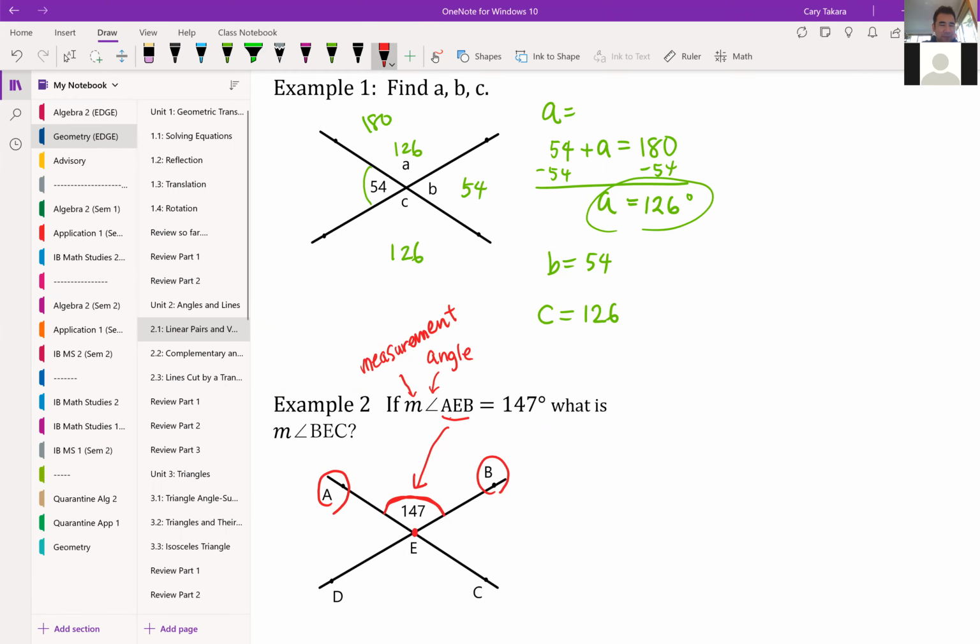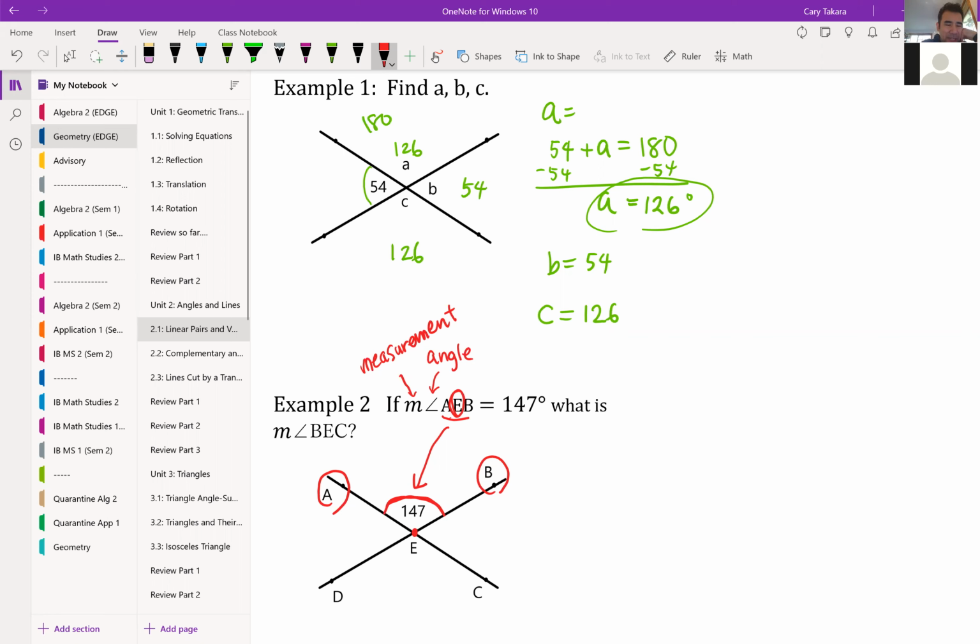That's angle AEB. In other words, always the middle letter is the focus angle, and then A and B are sort of the outside points. Okay. And so you can use three letters to figure out the certain angle.